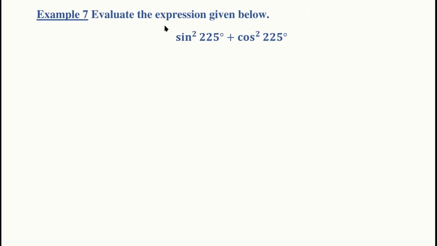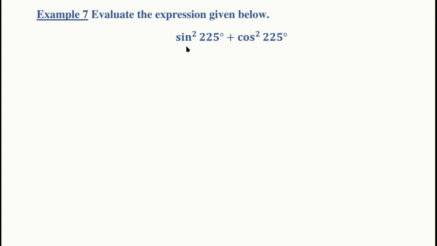All right, so now we want to evaluate the expression given here, right? Now, if you're in autopilot mode, you may at this point sit here and go, oh, okay, I'm just gonna draw a figure, figure out where 225 is, set up the right triangle, find the sine and cosine, etc. And that's fine. I mean, you could do it that way.